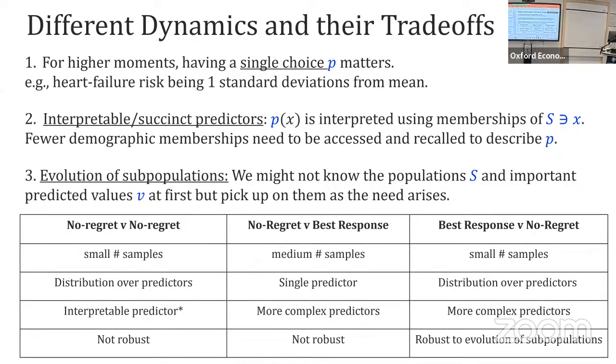So I will call it more interpretable or succinct if you need to actually recall fewer demographic memberships when you implement this P. And if that's something that you care about, then no regret versus no regret, even though it gives you a random predictor, it turns out that it's a much more succinct and therefore perhaps more interpretable way of thinking about your predictor. Whereas the other two dynamics are going to require more complex predictors, even if that predictor happens to be a single predictor rather than a distribution.